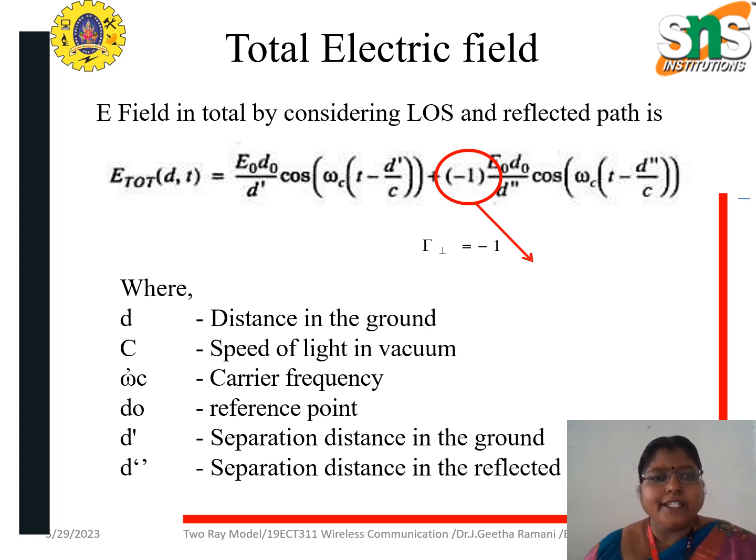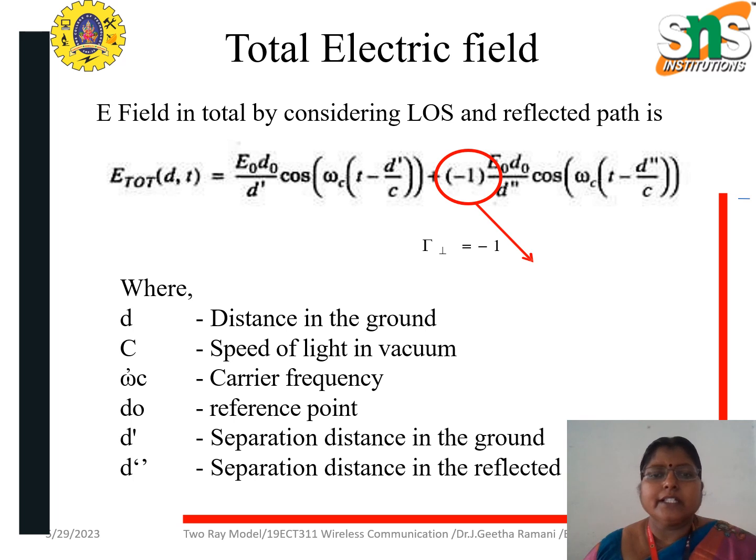So using that, we are writing the electric field in total by considering the line of sight as well as the reflected path. So the total electric field at a distance of d for the time small t is equivalent to, first we write the electric field due to the line of sight. So we write the equation and we add the effect of a reflected path with it.